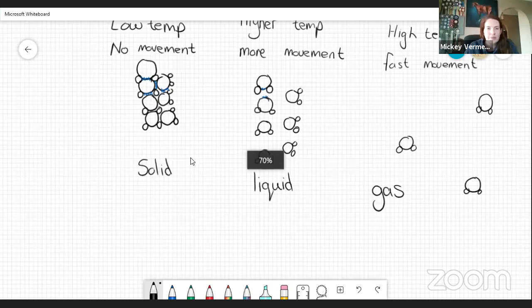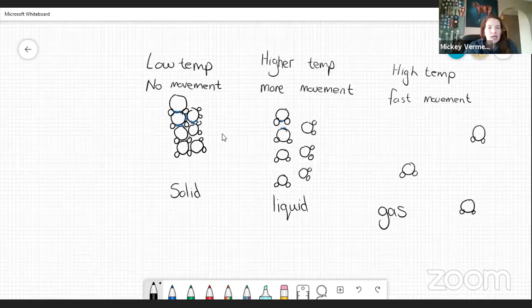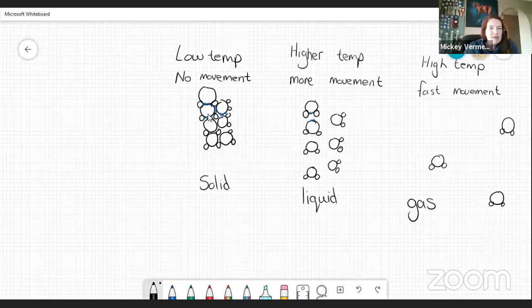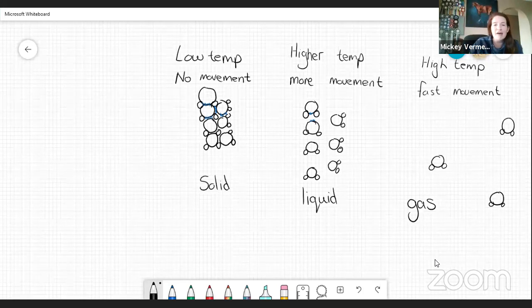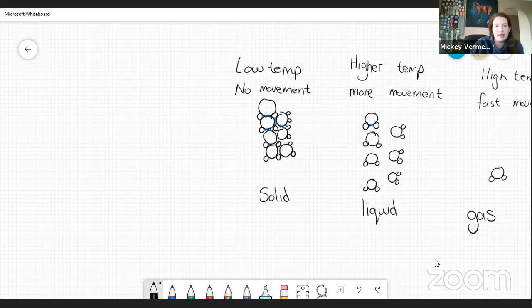So, this solid can be vibrating at quite a low temperature. Let's use water. So, I can have ice at like minus 11 degrees. I put energy in.